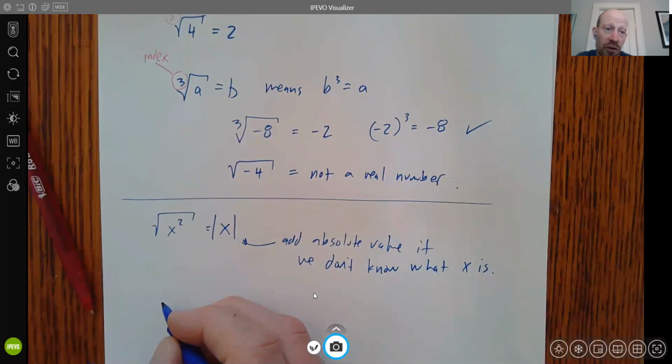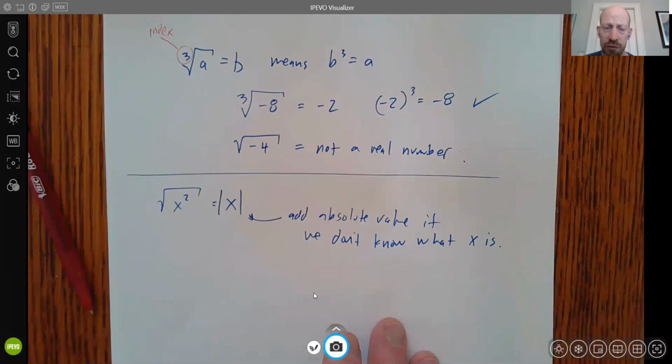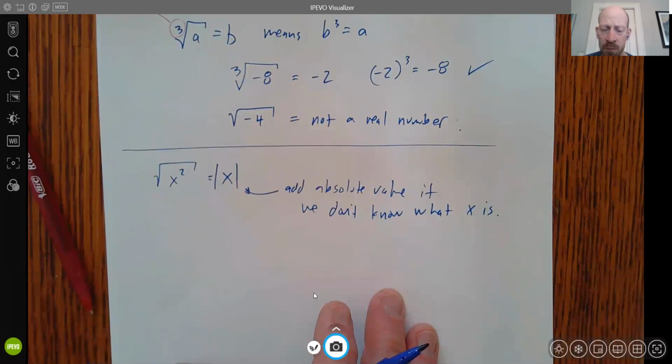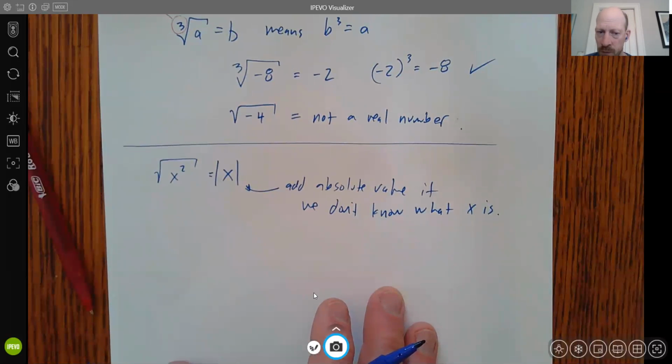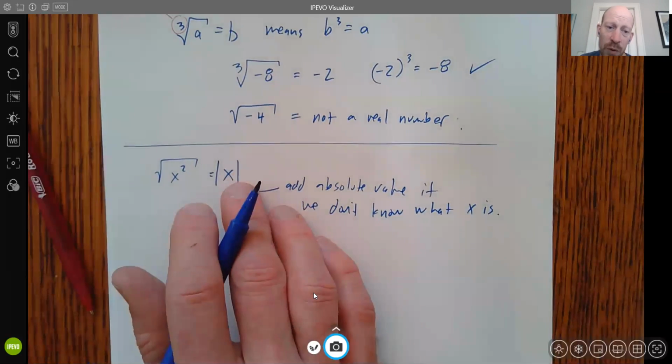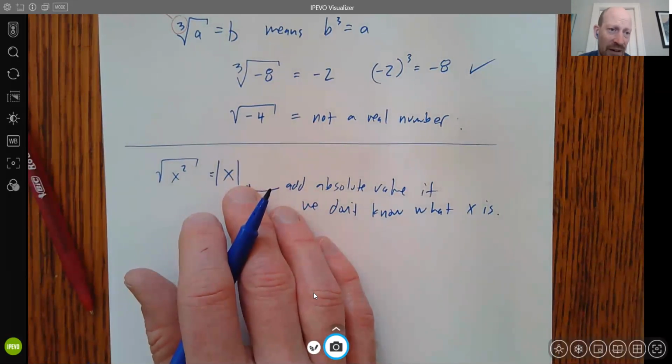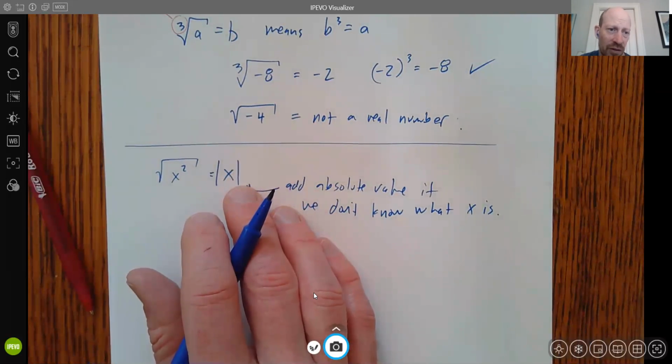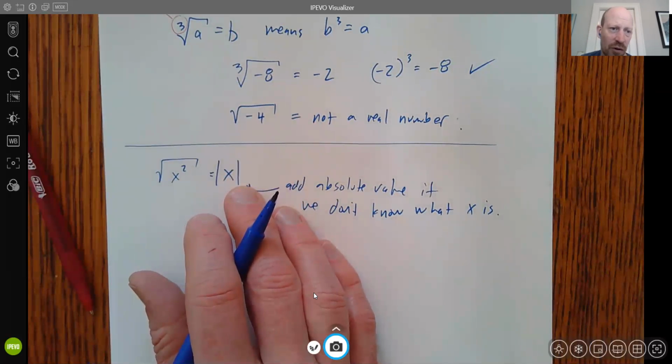Again, not an issue with cube roots. This is only an issue for square roots, or technically fourth roots, but we don't see those quite as often. Obviously, if I know what x is, like if x is 5, then I don't need absolute values because 5 is positive already.